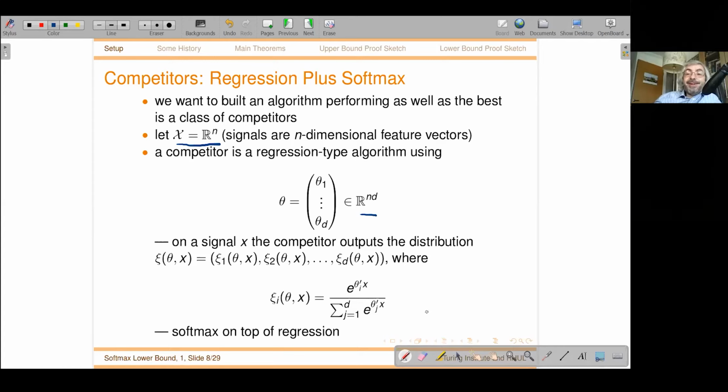You can say it's a primitive neuron, and the coefficients are weights in the neuron. So we want an algorithm which will do nearly as well as any of these competitors, with any value of theta, any assignment of coefficients.